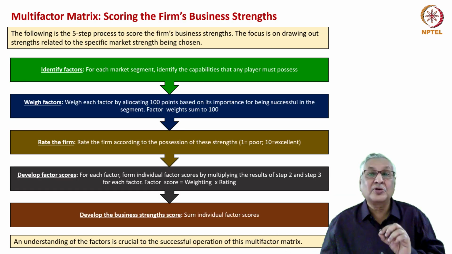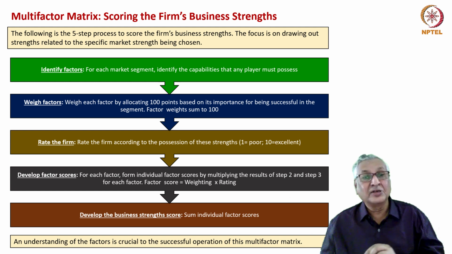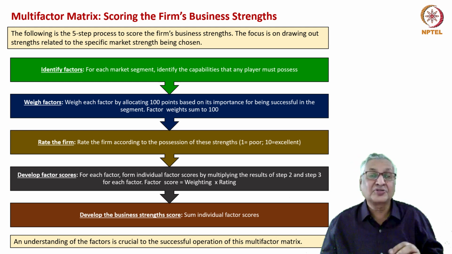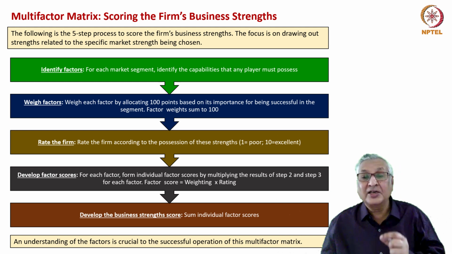So if you want to score the firm's business strengths, you got to have a 5-step process. We talked about the SWOT analysis, but from a market point of view, we are also looking at this whole paradigm in a different way, drawing out the strengths that are related to the specific market strength that is being chosen. So we have to identify the factors for each market segment, identify the capabilities that any player must possess.